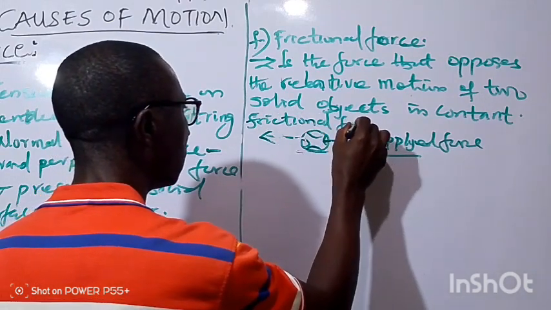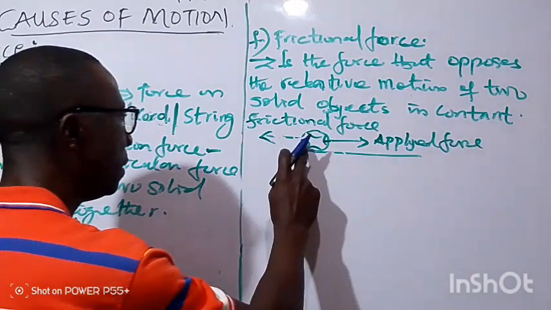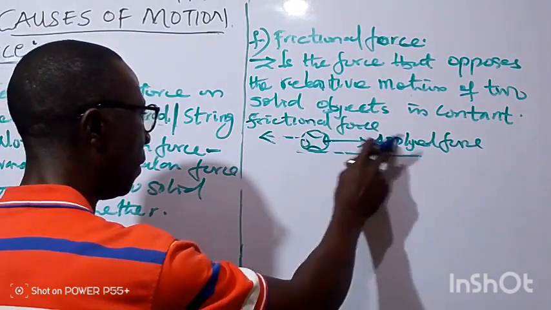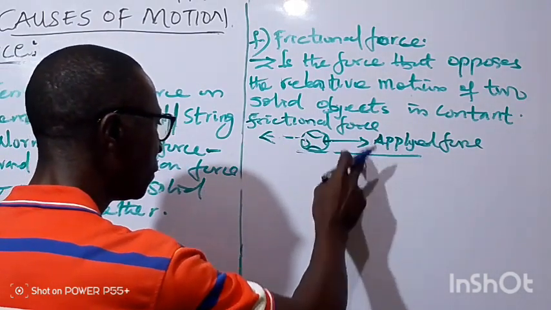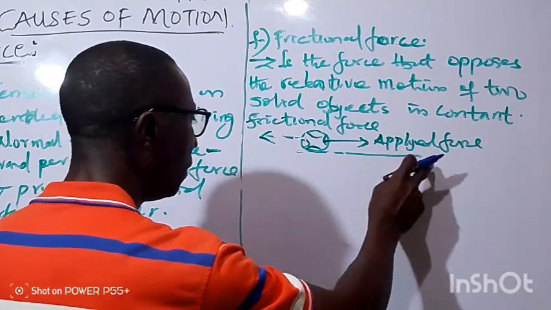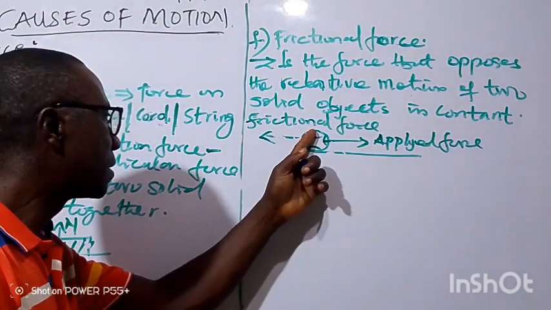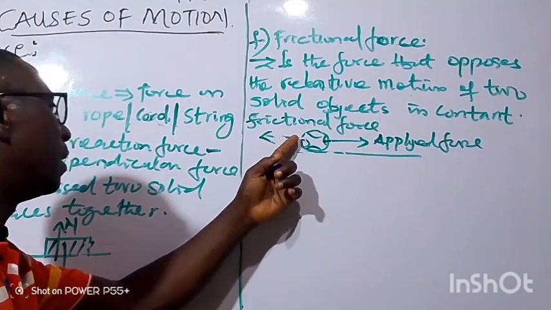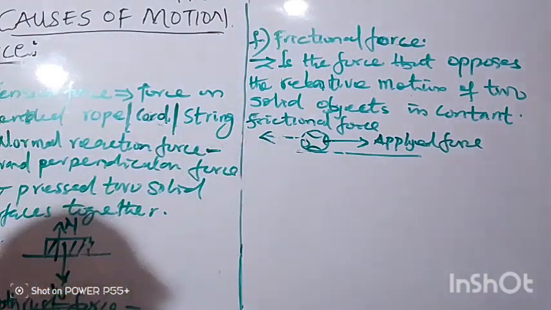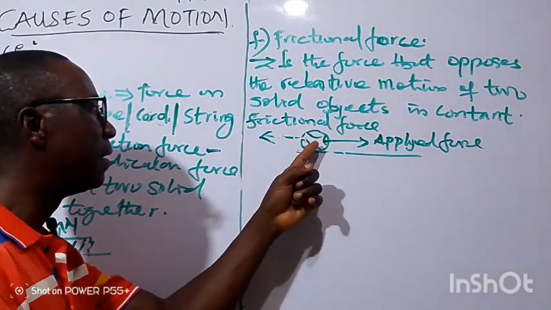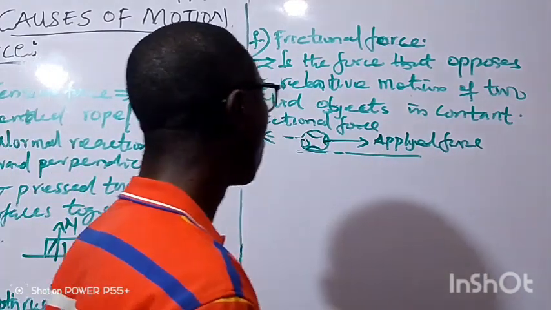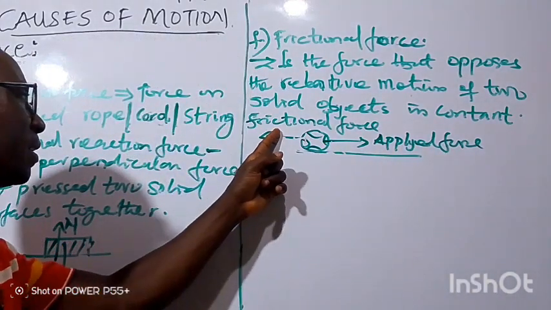So as the ball is rolling on this smooth or unsmooth horizontal surface, the frictional force will be in the opposite direction, dragging it back. Gradually the ball will come to rest due to the effect of this frictional force.